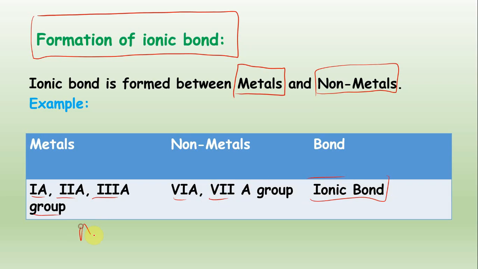Like sodium is an element of the first A group, called an alkali metal in the periodic table. Then chlorine is a member of the 7A group of the periodic table, and that is the reason they will form the ionic bond, that is NaCl.